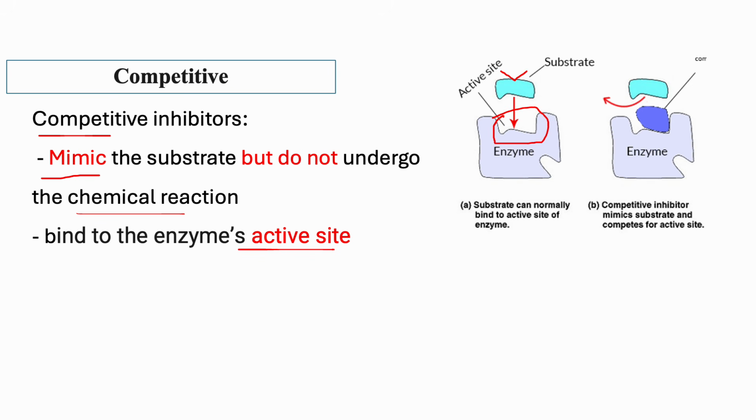What does a competitive inhibitor actually do? They mimic the substrate, and then they block the active site. Bear in mind, a competitive inhibitor always binds in the active site, not the allosteric site. And then what will happen? The substrate can't bind with the enzyme and no reaction will proceed.